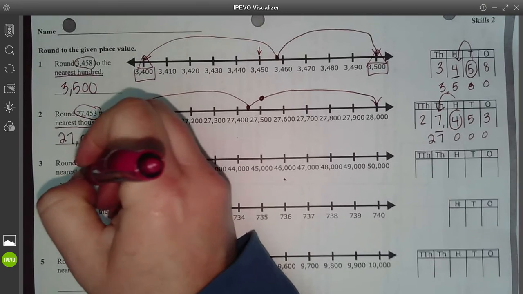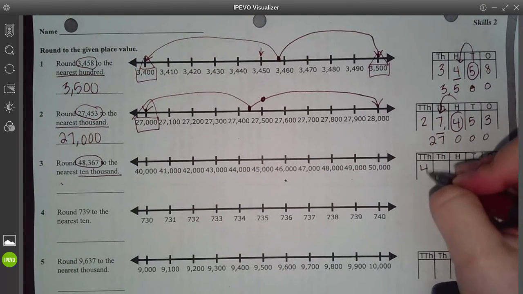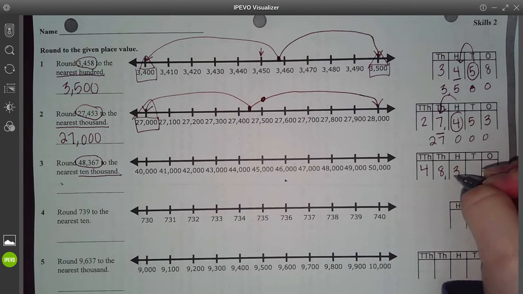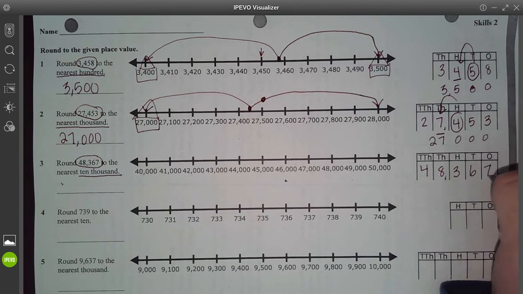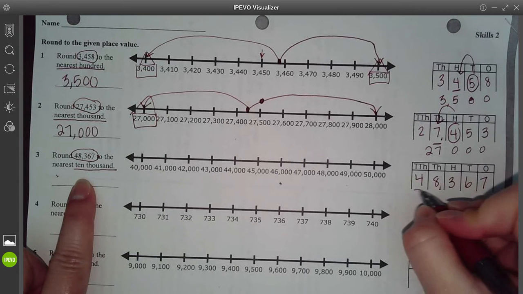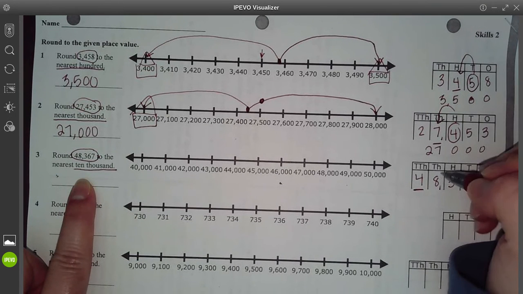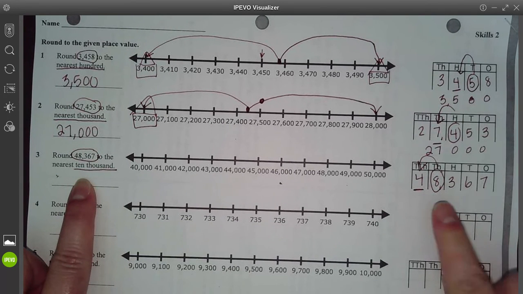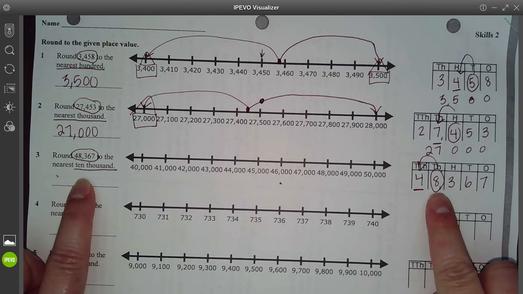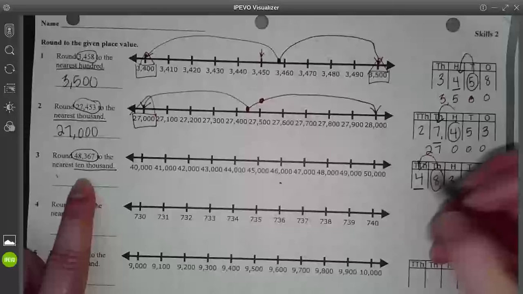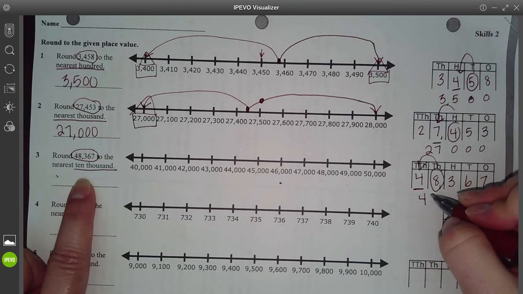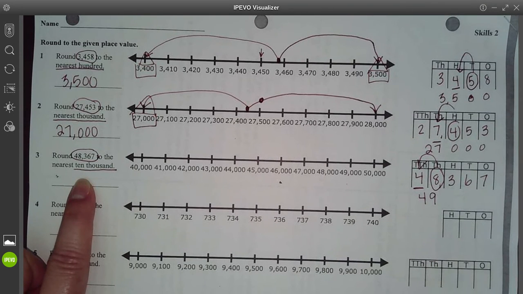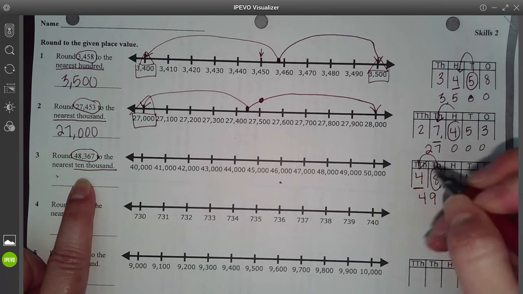So round 48,367 to the nearest 10,000. So I have 48,367 and I'm rounding to the nearest 10,000. So underline the place value. Circle the backdoor neighbor. 5 or more, add one more. So I have 49. I added one more. And then 10,000.